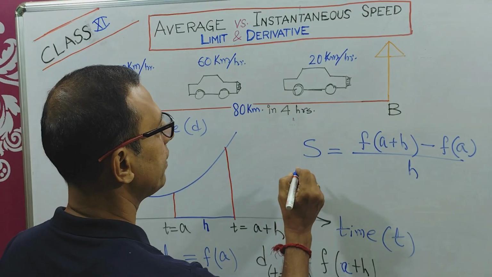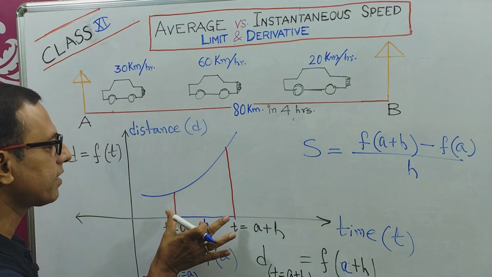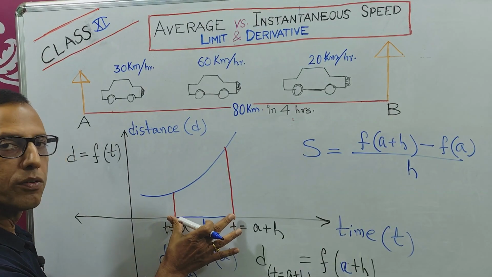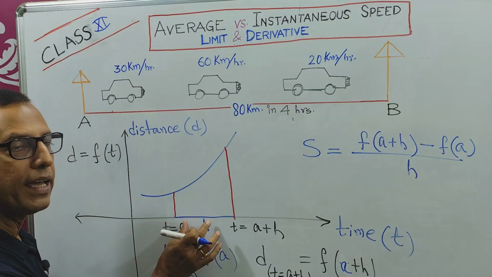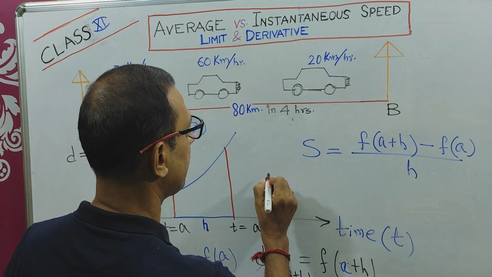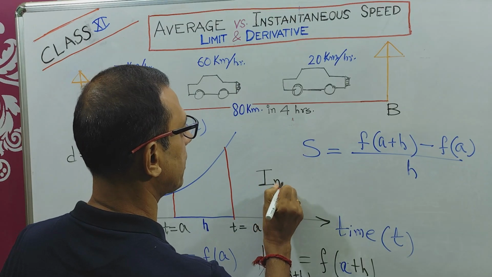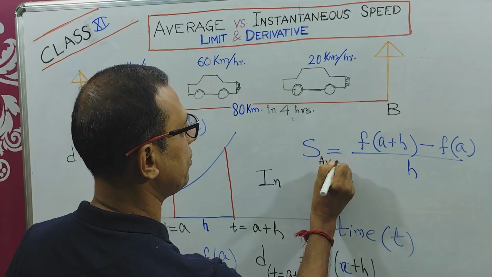Now for instantaneous speed, what did I say? This time is trending towards 0 but not equal to 0. That means h is trending towards 0. So what will it be? This is the average speed, avg.